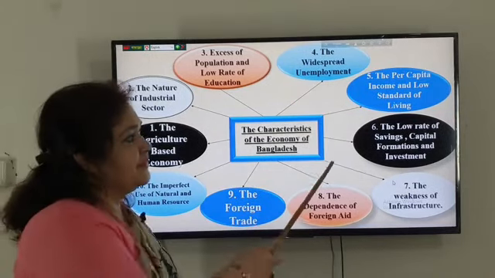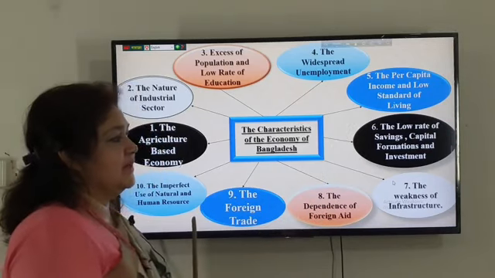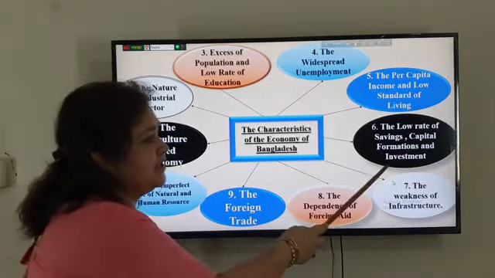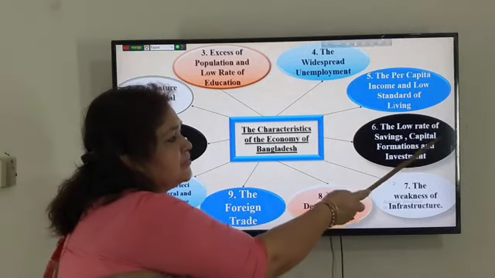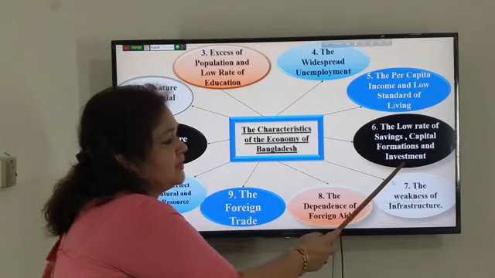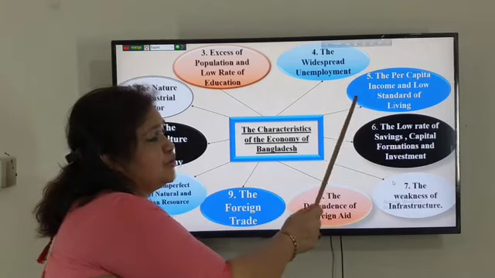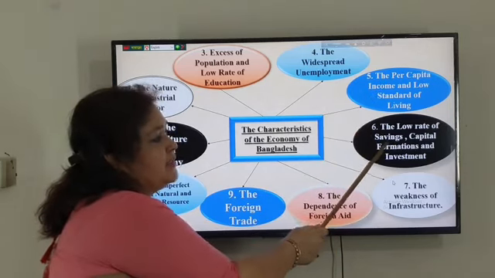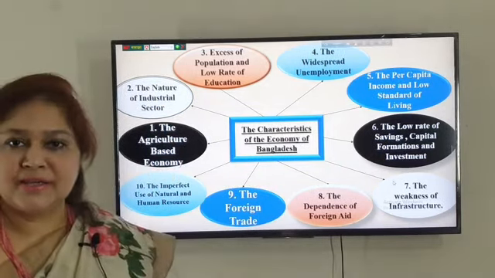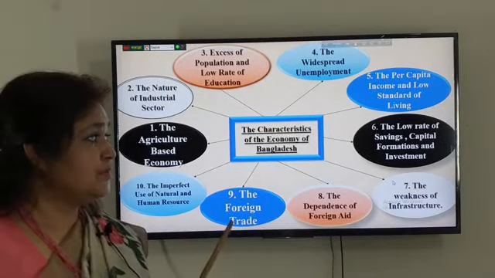Number 6, the low rate of savings, capital formation and investment. These three, low rate of savings, capital formation and investment, are related with per capita income. Due to low per capita income, we see here the savings, capital formation and investment in other sectors are very low and not mentionable.